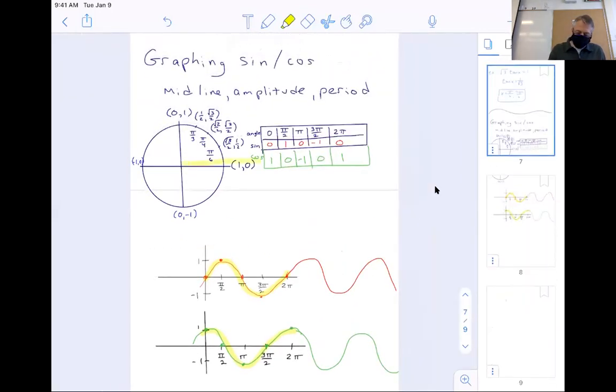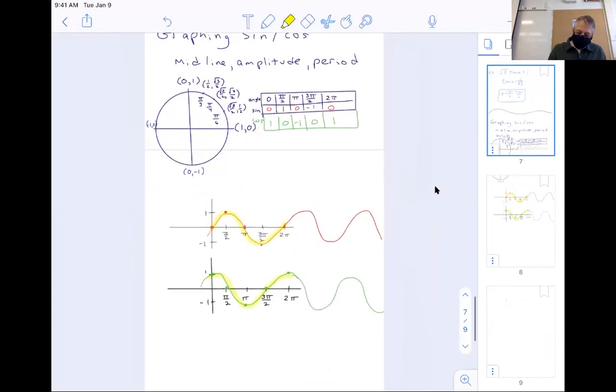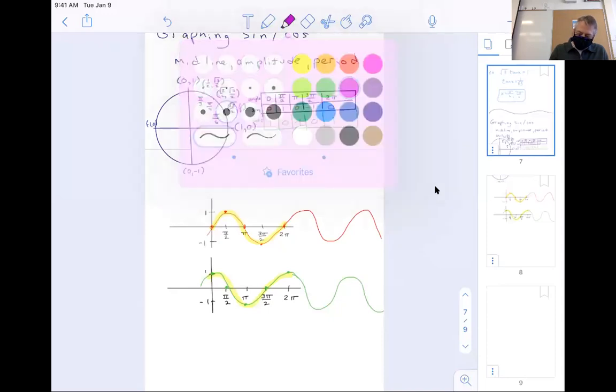So again, as I go around the unit circle, I get all the same y values, like all the sine values till here, and then it repeats itself to here, and then it repeats itself again and again. And I didn't even really mention, we also could have negative values, and they would be the same and going this way as well. And so our graph really does go in both directions, in both a positive and negative direction. But a period is how long it takes the graph to repeat itself.